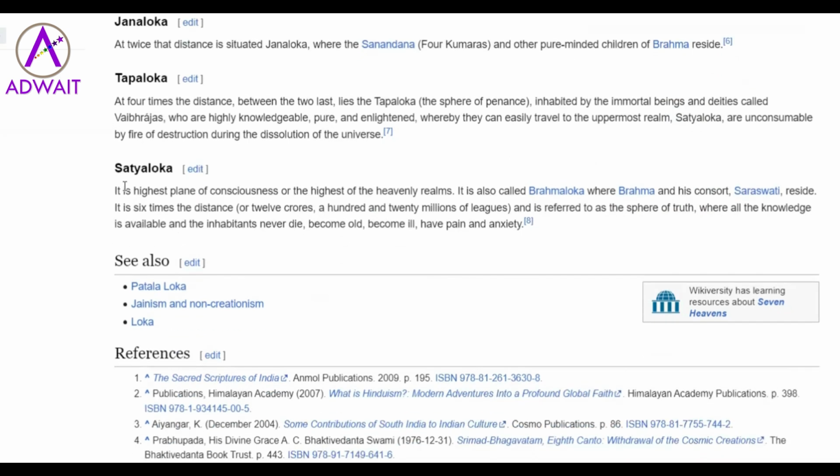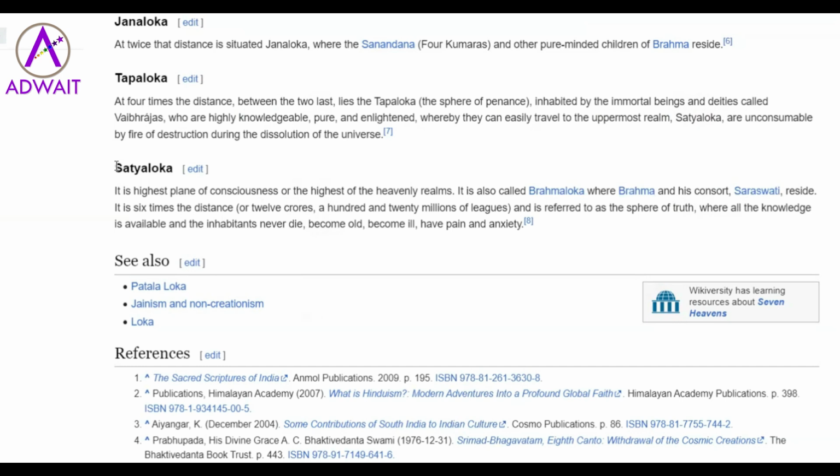And Satyaloka. Tapaloka, at 4 times the distance between the two, is a sphere of penance, inhabited by the immortal beings and deities called Vaibhras, pure and enlightened, who are highly knowledgeable. And Satyaloka is the highest plane of consciousness, or the highest of the heavenly realms. It is also called Brahmaloka.